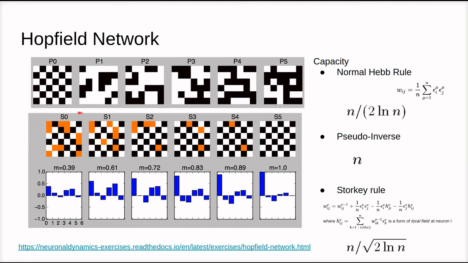So we start with a corrupted input, and the orange cells mark where the input pattern differs from the desired pattern, or one of the patterns in the training set.